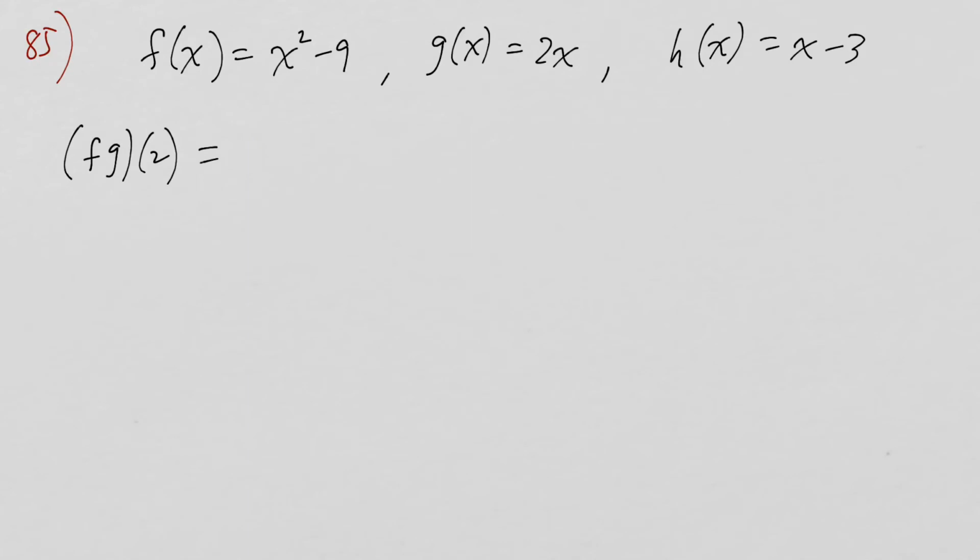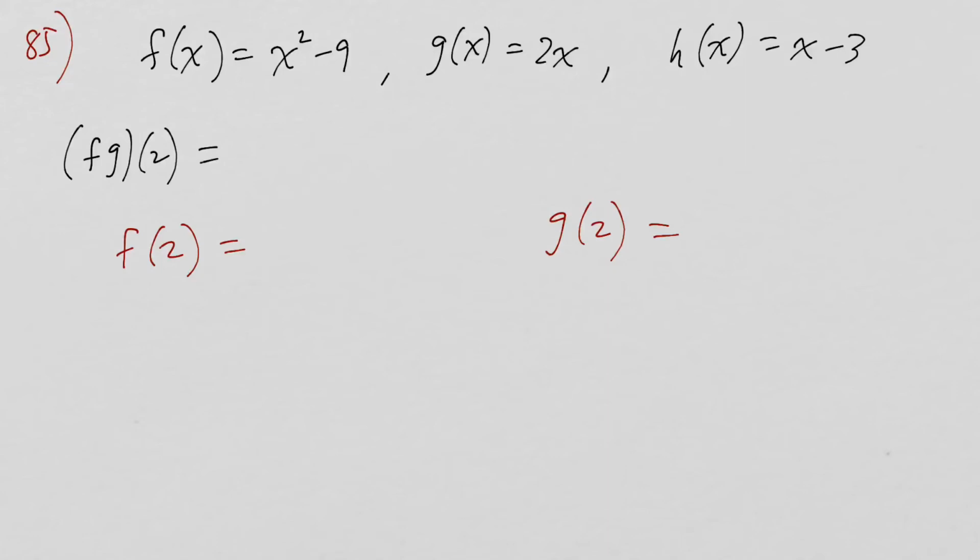Okay, number 85, fg of 2. I can multiply my two functions together first, and then evaluate them at 2. But that multiplication is probably more difficult than what I want to do. So what I can do instead is find what f of 2 is, find what g of 2 is, and multiply my two answers together, and that will give me the same exact result.